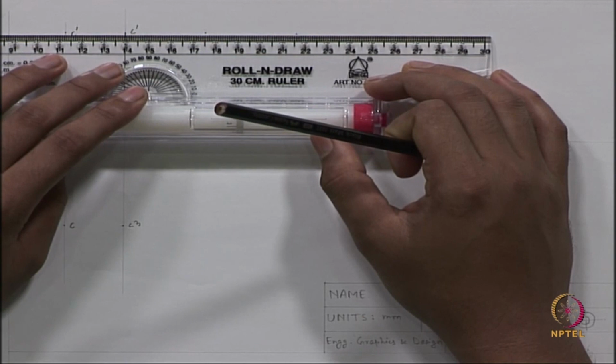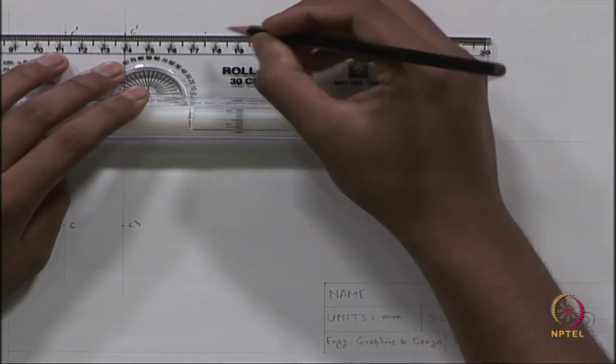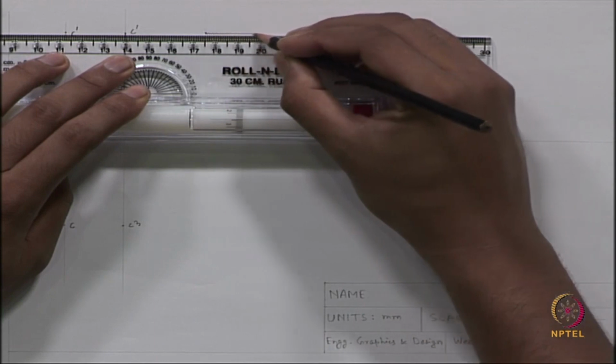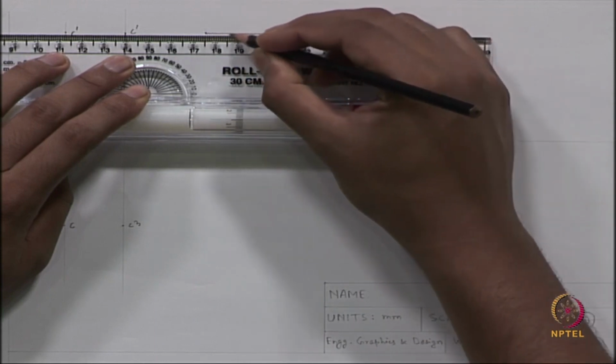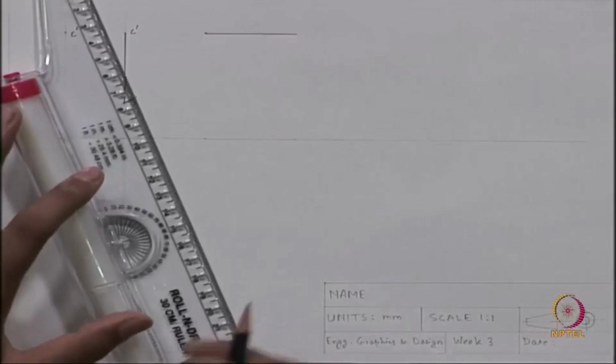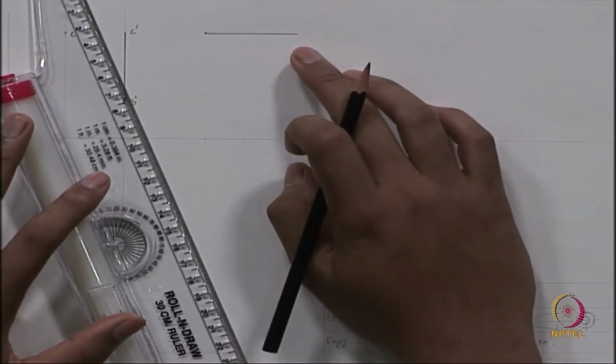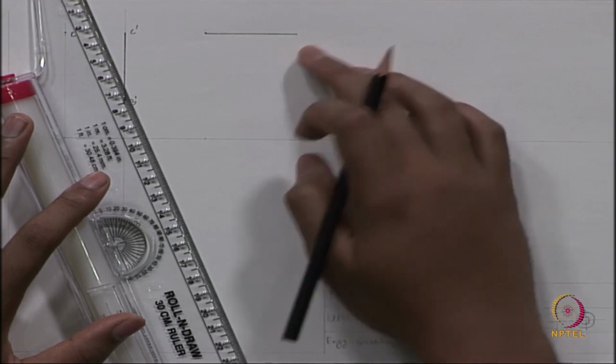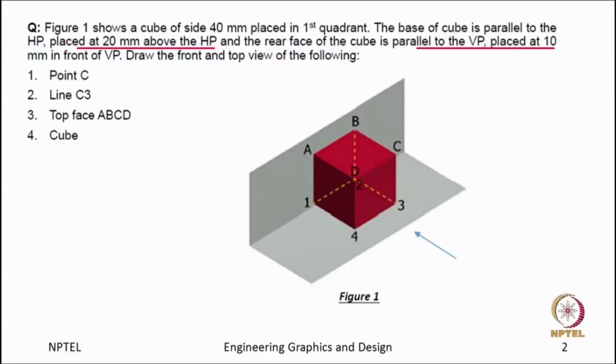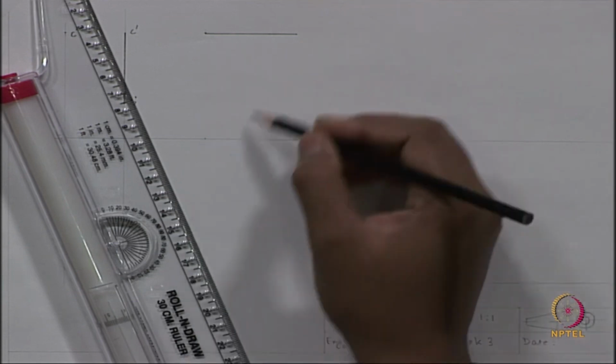Now, if we join this, we will get the front view of plane A, B, C, D. But definitely, while taking the top view, if you look from the top, this is a square plane. You will see a simple square projection. So, the top view will be a square and that will be situated exactly below the front view.